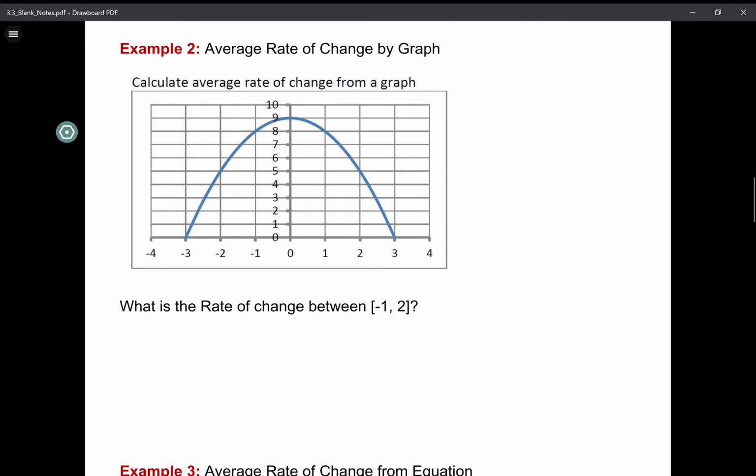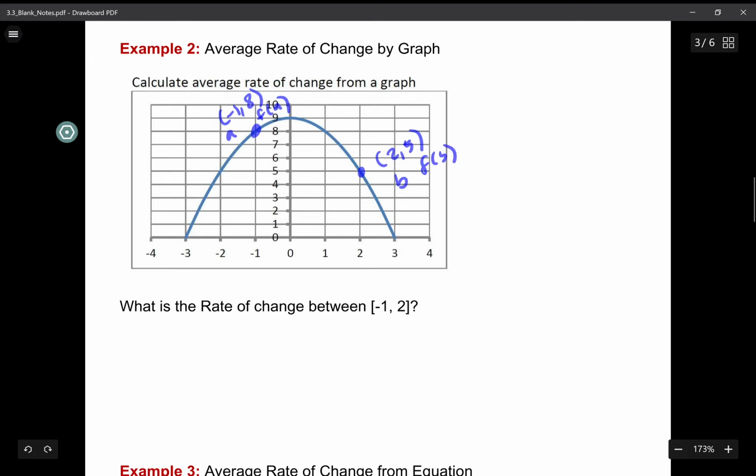Well, hopefully what you did was you went to your graph and you found the input and output values for x equal to -1 and the input and output values for x equal to 2. So my 2 points are (-1, 8) and (2, 5). All right, let's plug that into my formula for average rate of change. So let's call this a, f of a, b, f of b.